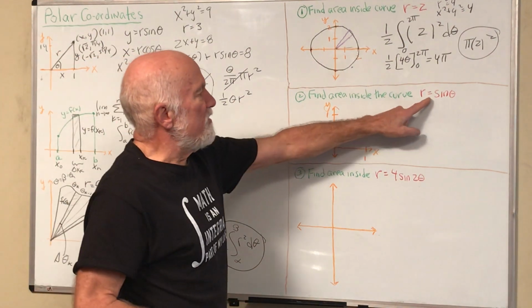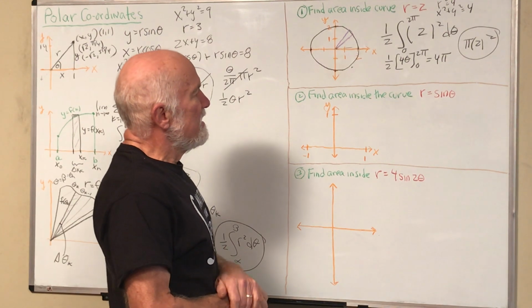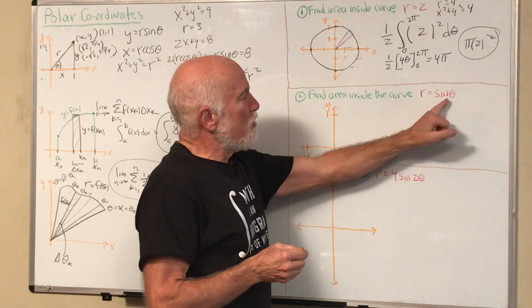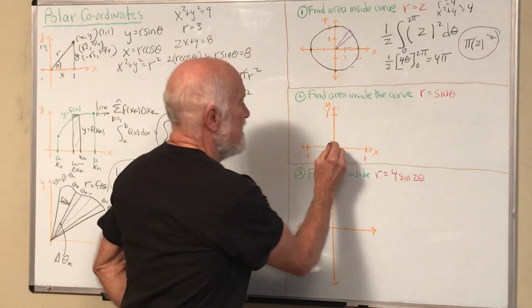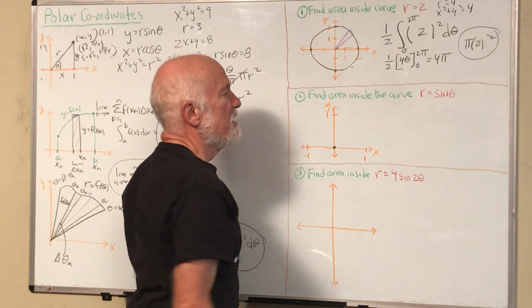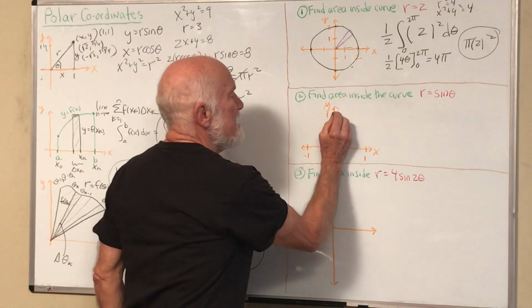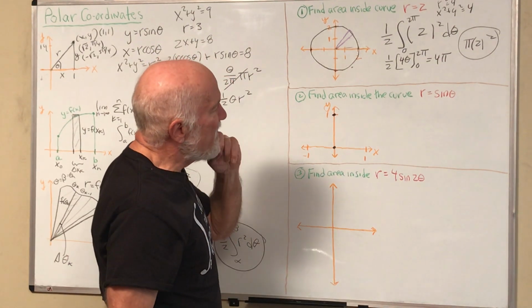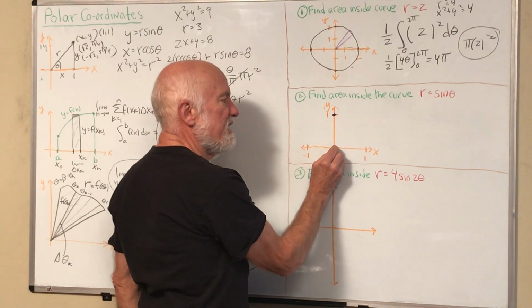let's get another curve. R equals the sine of theta. Well, one way you can plot is just to throw in some values of theta. So when theta is 0, you get r to be 0. When theta is pi over 2, you get r to be 1. And then when theta is pi, you're back to 0 again.